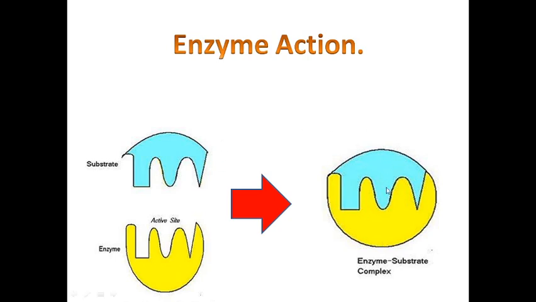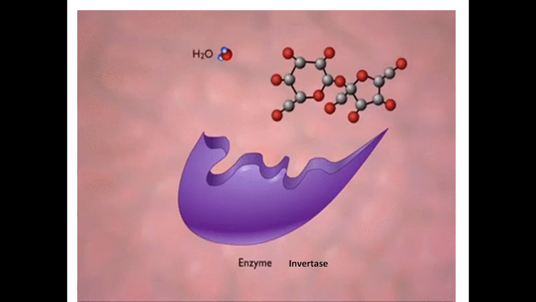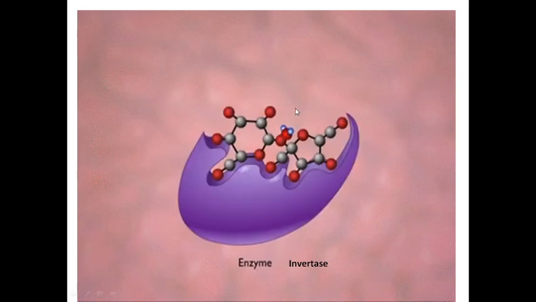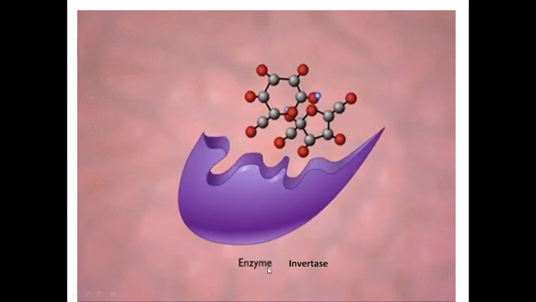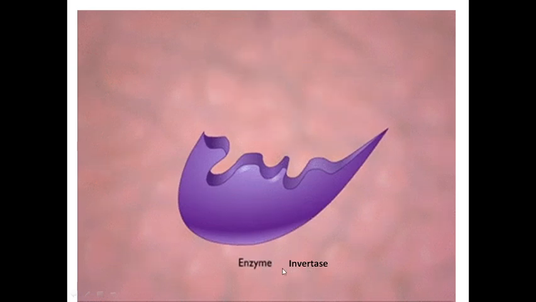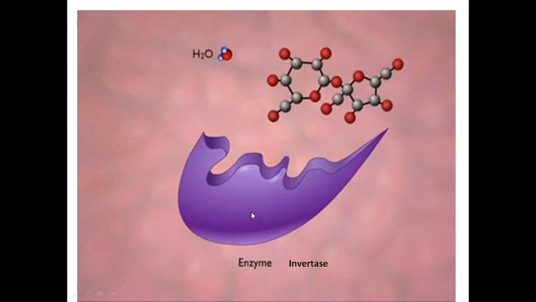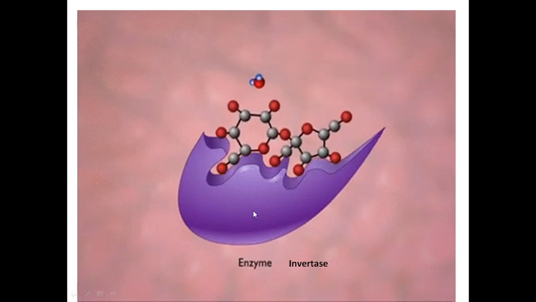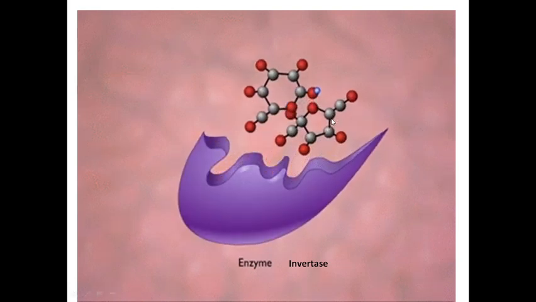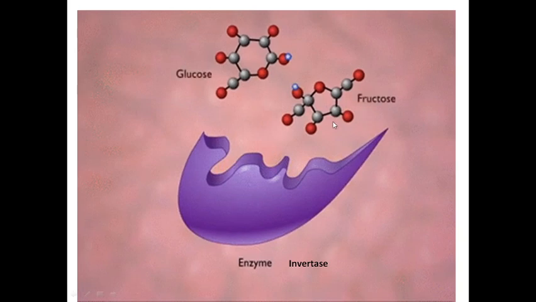So I'll be explaining this. Here you see sucrose plus water. If you combine sucrose and water, the enzyme in this process is invertase, and sucrose gets changed into glucose and fructose.